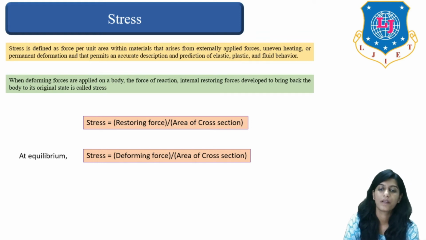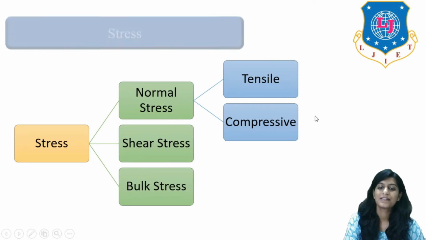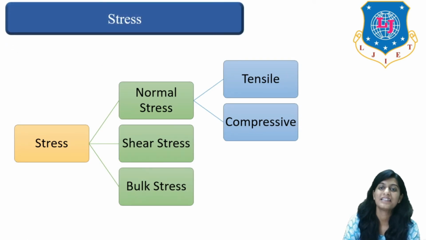Now, let us see what we mean by stress and its different components. There are three different types of stress: normal stress, shear stress and bulk stress. Normal stress is further classified into tensile and compressive stress, right?